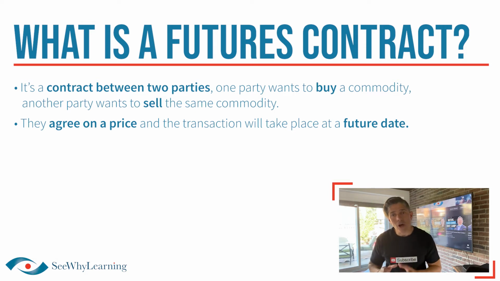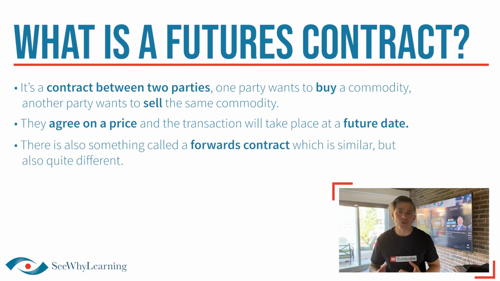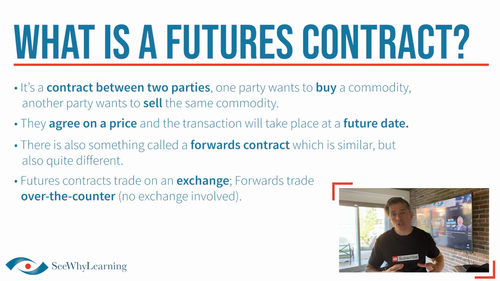Now, there is something also called a forwards contract, which is really similar, but also quite different in some ways. Futures contracts trade on an exchange. So you've got the exchange as the middleman between both parties, and as a result, those futures contracts are more standardized. Forwards trade in the over-the-counter market, where there is no exchange involved. They're not as standardized, and therefore they can be more flexible, but there's greater default risk because no exchange is involved.